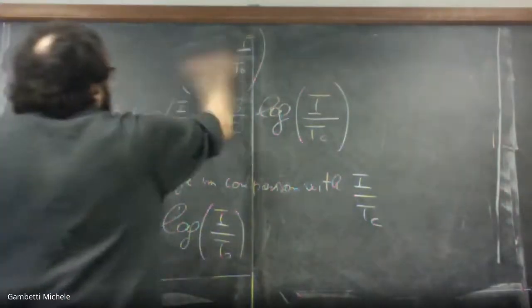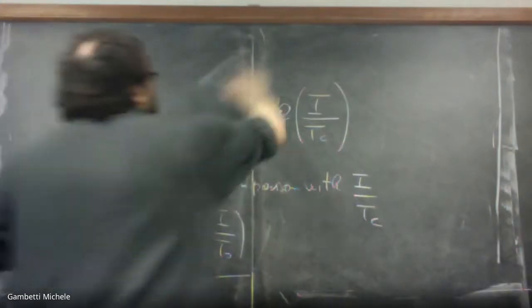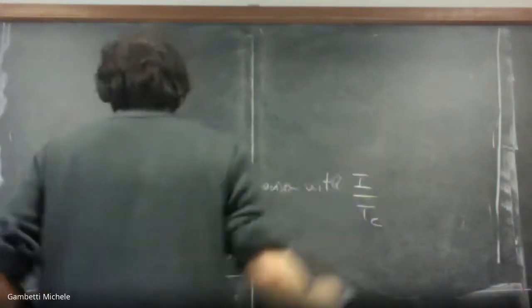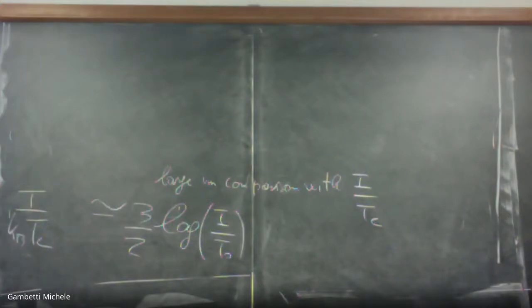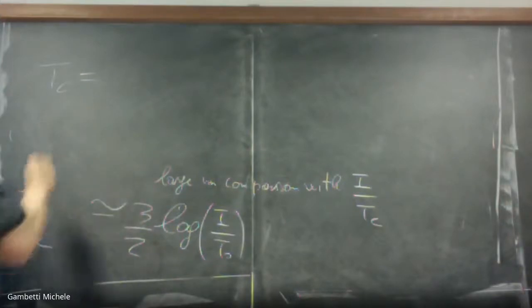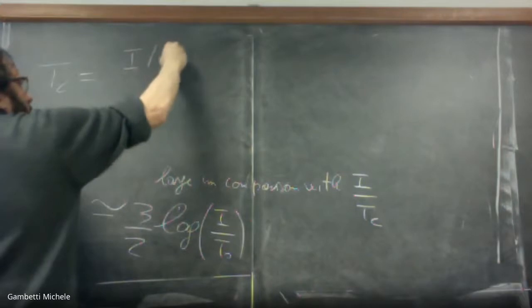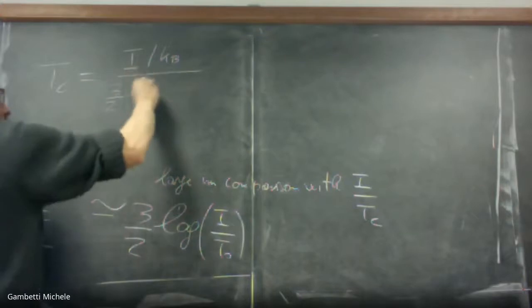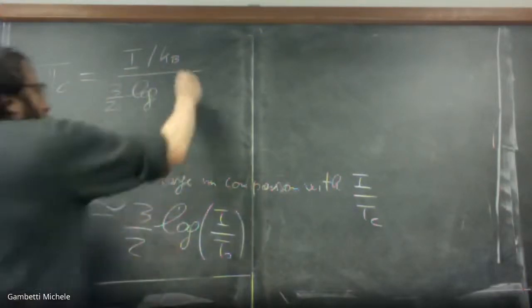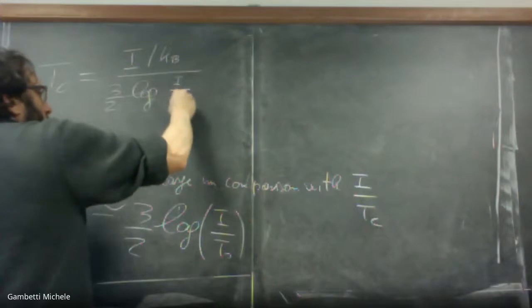So this was I divided by kB Tc, and so at the end I can compute Tc, and Tc is equal to I divided by kB, and then I have 3/2 the logarithm of the ionization energy divided by T0.